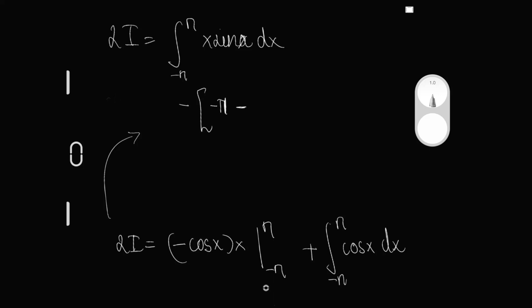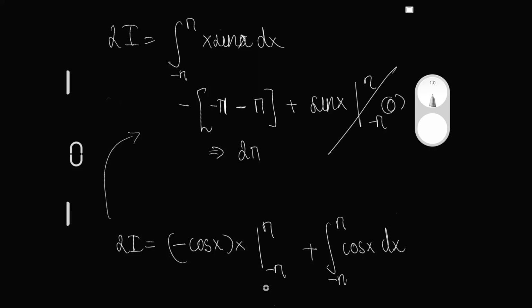Cos is an even function, so basically it becomes minus 1 plus minus pi, plus sin x from minus pi to pi, which is basically equal to 2 pi, as this cancels out to be 0, is equal to 2I. So therefore I is equal to pi. So therefore the answer of the integral is I is equal to pi.